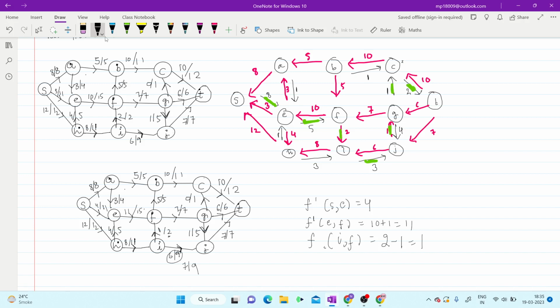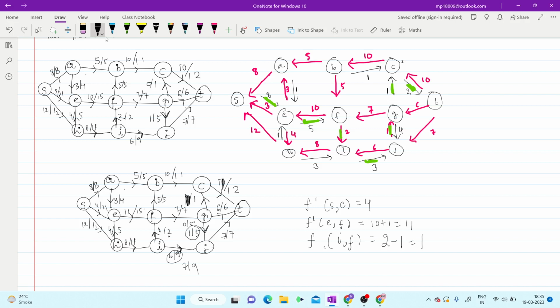Now the next edge is again in the reverse direction. So what will be the new flow? 0, yes, 0 out of 5. And next, it is in the same direction, so this will be 1. And now this is also in the same direction, so it will be 11.